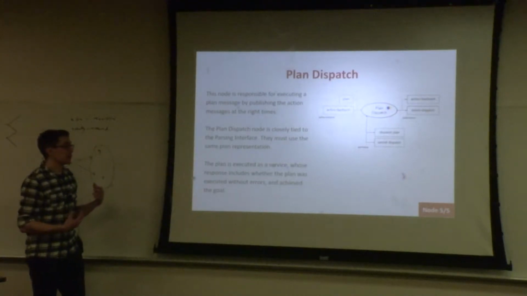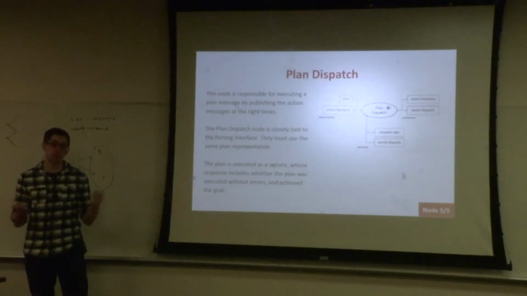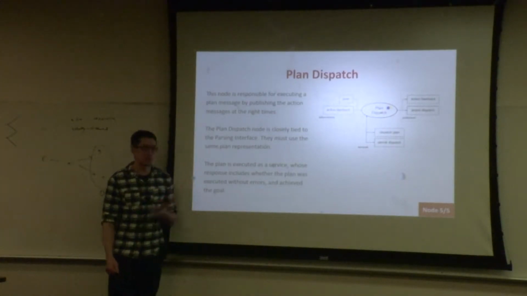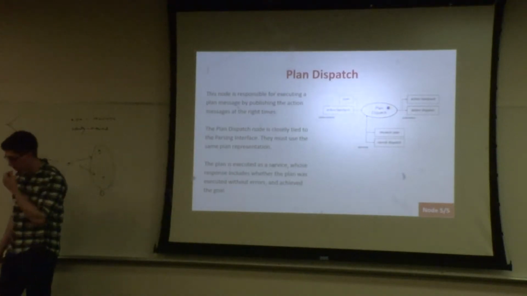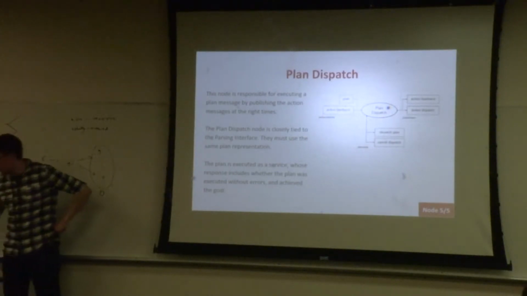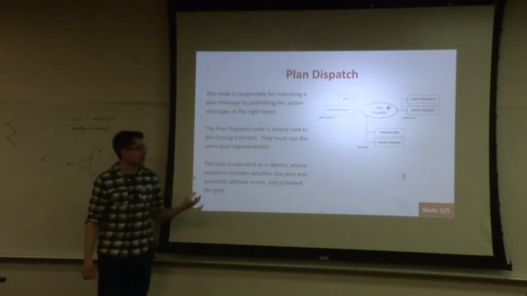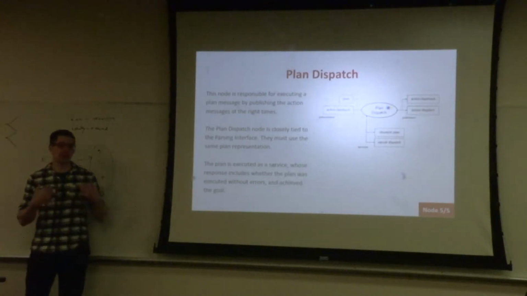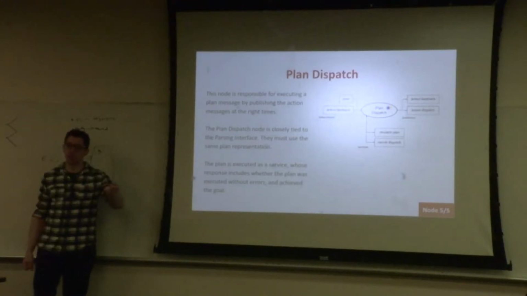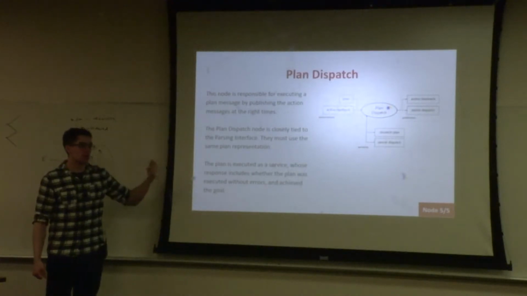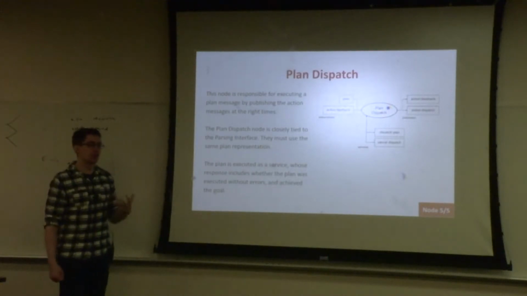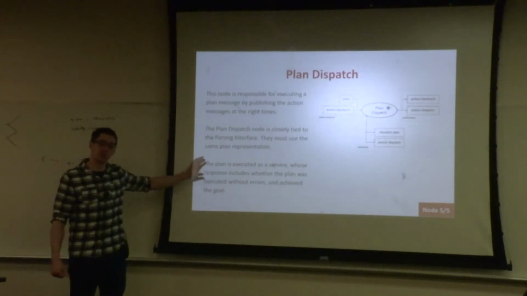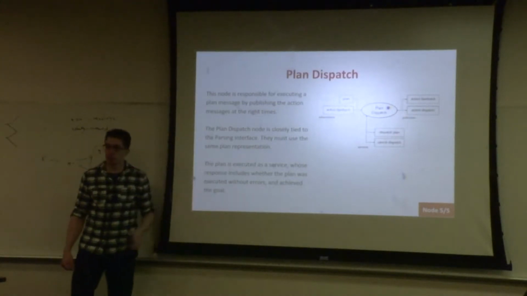If it's represented just as an array of actions with no temporal information, then again there are different execution algorithms to be used for sequential plans. So much like all of the other nodes, the plan dispatch provides a set of services which you can call, and one of them is please execute the plan as a method. The service will execute, and when it responds true or false, it returns whether or not the plan was executed successfully and also whether or not the goals were achieved.